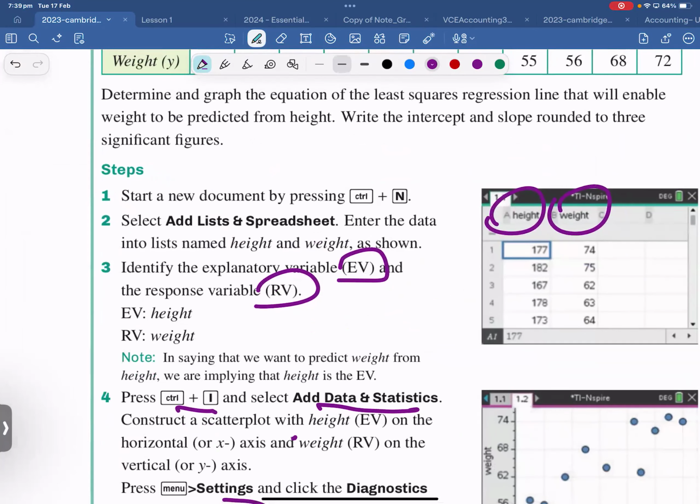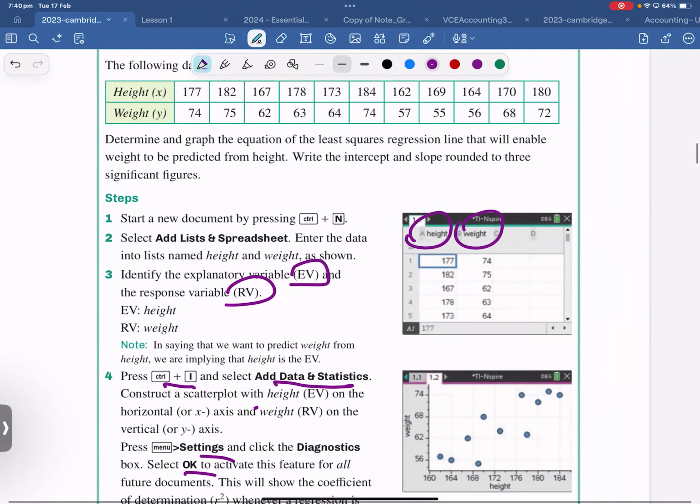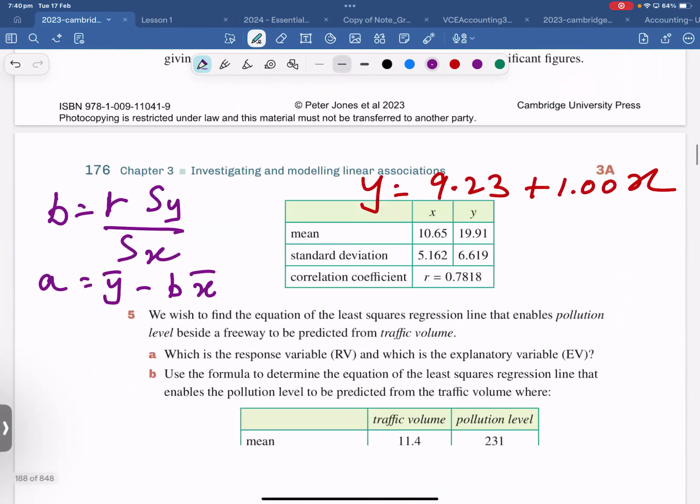You go with Control N and add list spreadsheet and so on. Then we'll go back.